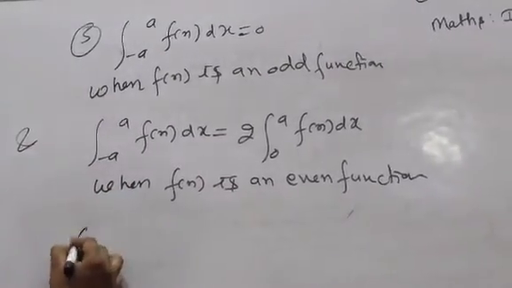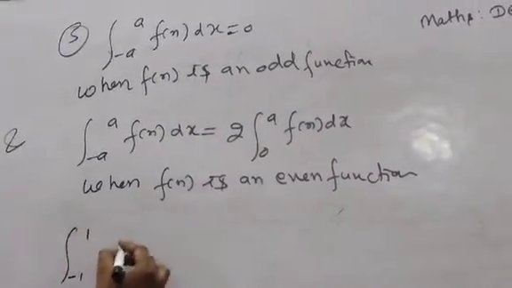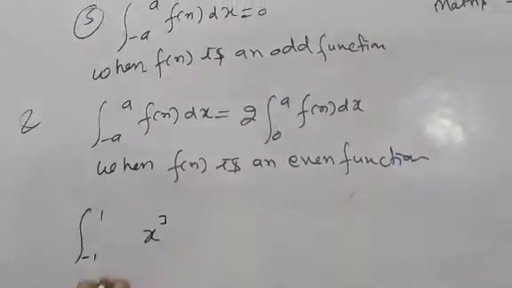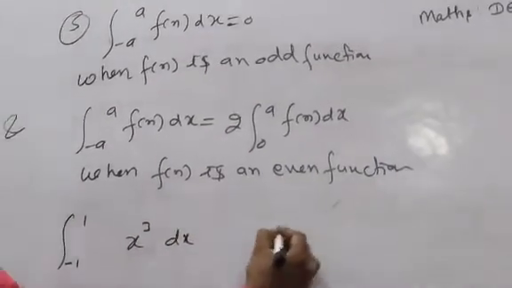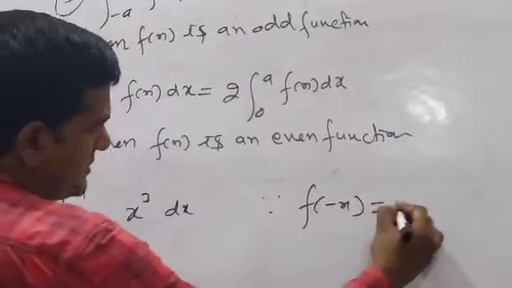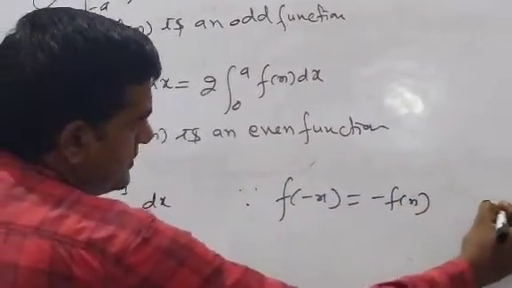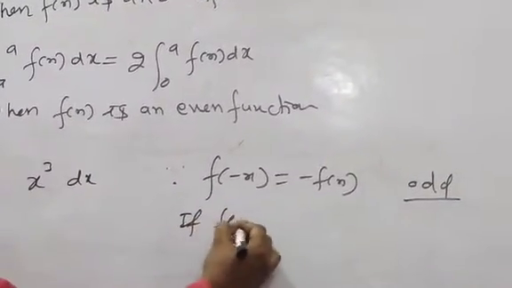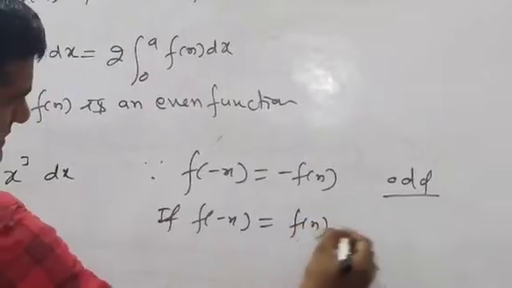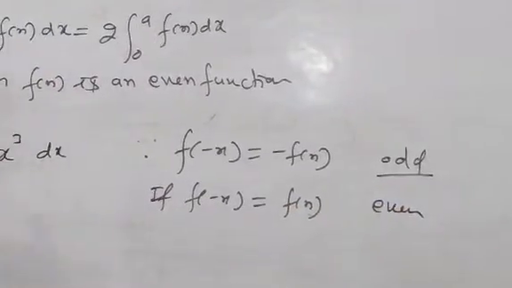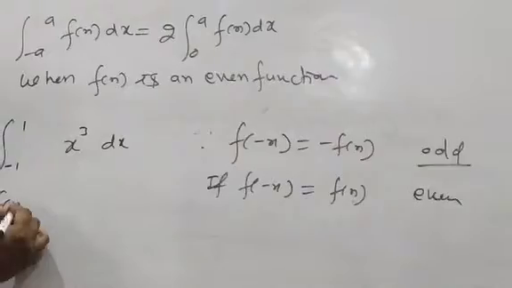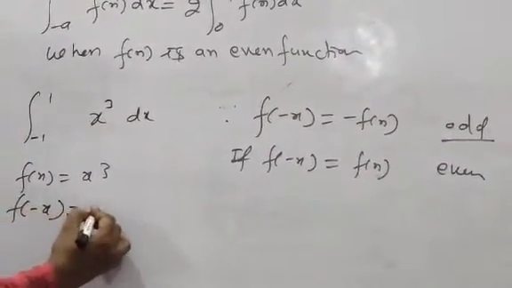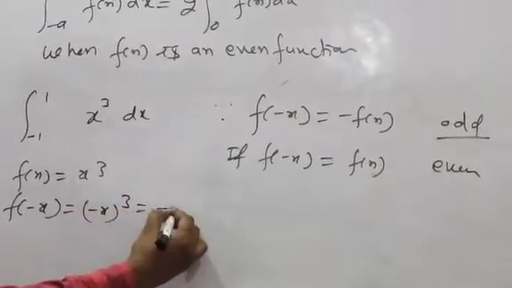Now an example here, suppose integral minus 1 to 1 of x cube. Clear? Since f(minus x) is equal to minus f(x), this is an odd function. If f(minus x) is equal to f(x), this is an even function. Now f(x) is equal to x cube here, f(minus x) is equal to (minus x) whole cube, equal to minus x cube.